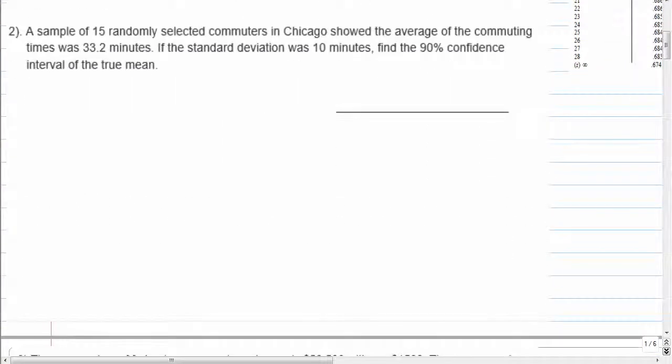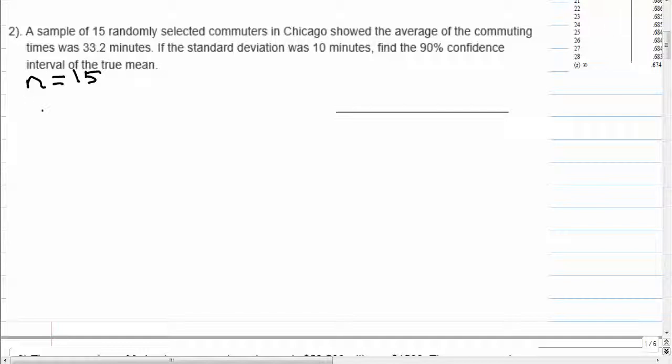We have a sample of 15 randomly selected commuters in Chicago, and it shows the average commuting time was 33.2 minutes. Standard deviation was 10. We want a 90% confidence interval for the true mean. So we have a sample that consists of 15.